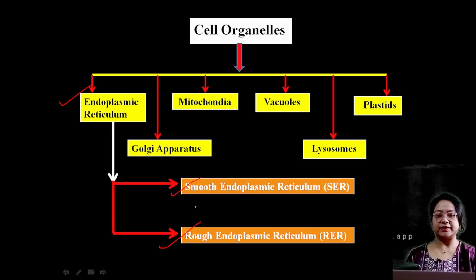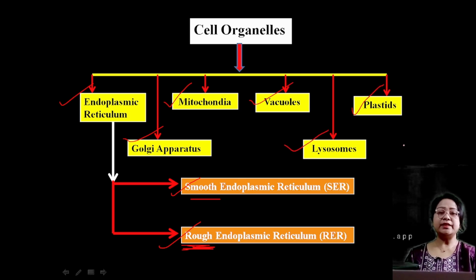Those with a smooth surface are called smooth endoplasmic reticulum, and those that have a very rough surface are called rough endoplasmic reticulum. This endoplasmic reticulum you can find attached to the nucleus. Then the others are Golgi apparatus, mitochondria, vacuoles, lysosome and plastids.